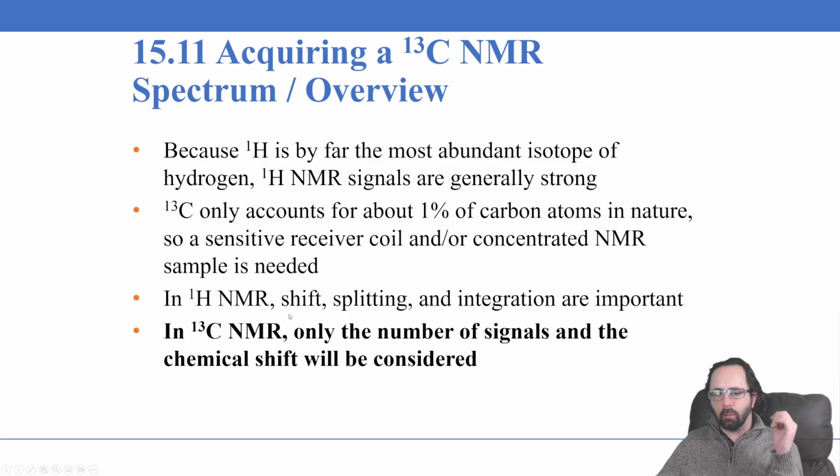In proton NMR, we're really considering the splitting and the integration. However, in carbon-13 NMR, because of the weak signals, the integration is not always reliable. So what we're mostly concerned with in carbon-13 NMR is the number of signals and the chemical shift.